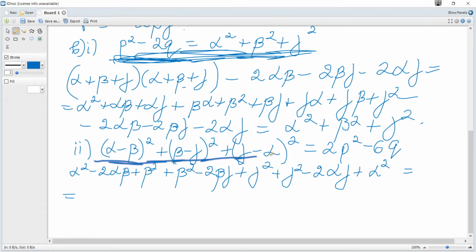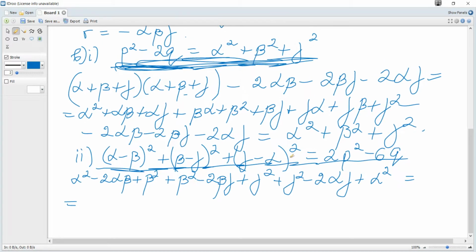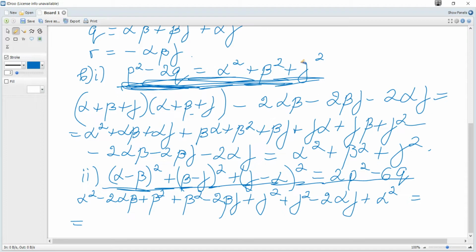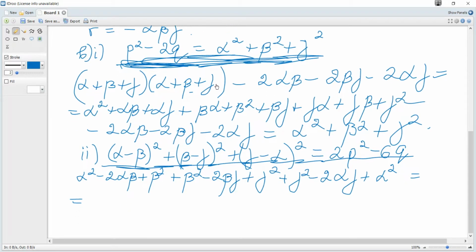And it is given hence, so we should use the previous result to show this, and the previous result is the sum of squares. The sum of squares is p squared minus 2q.